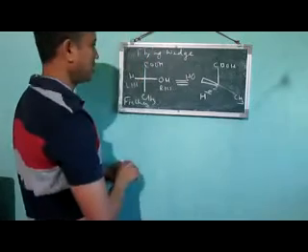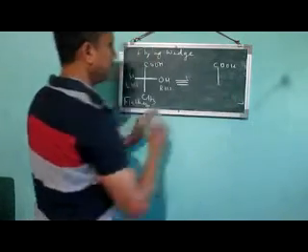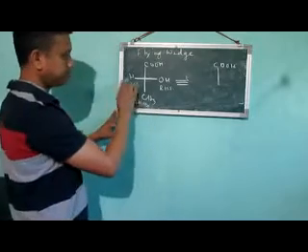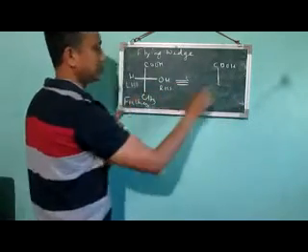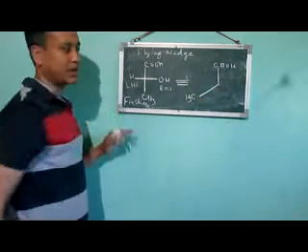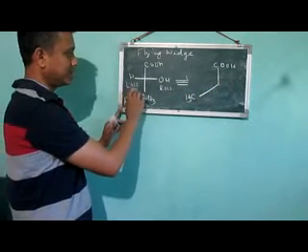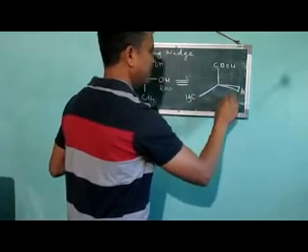Suppose we have the same molecule, and we convert it in this way. Suppose I have written this CH3 on the left hand side. Now you can see this left hand side group is hydrogen, so the left hand side group will come above the plane.